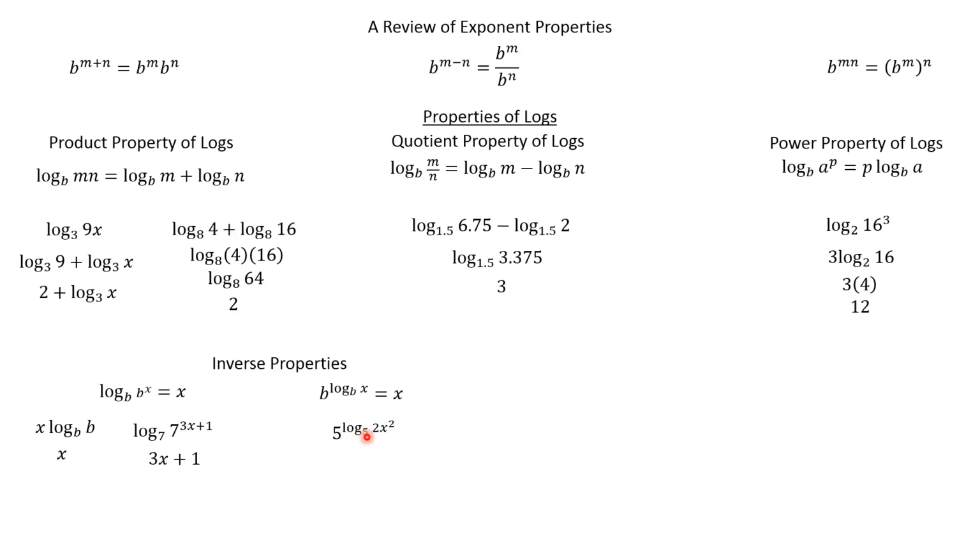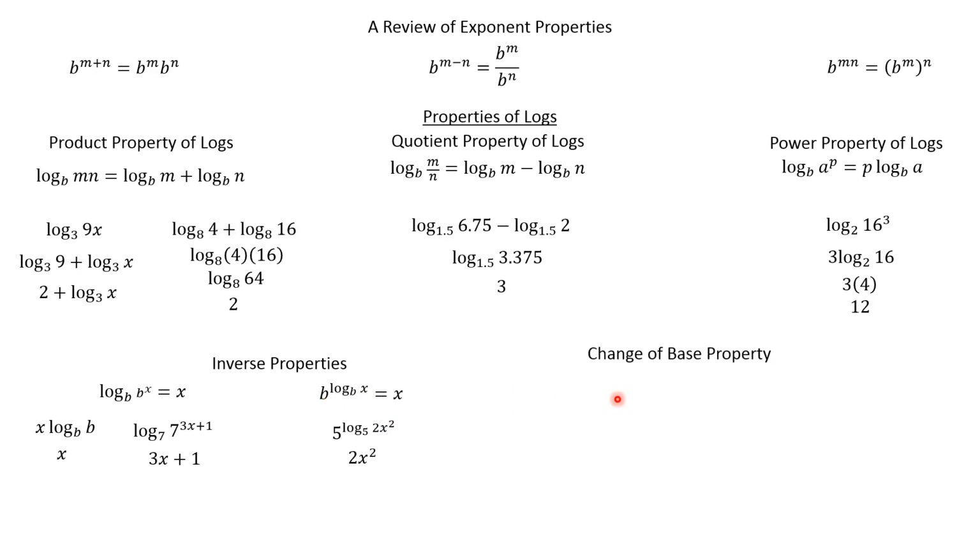Things like 5 to the log base 5 of 2x squared equals 2x squared. Perhaps we'll throw a 2 here in front of the log, change that into an exponent using the power property, and then do the same thing. So those are the two inverse properties.